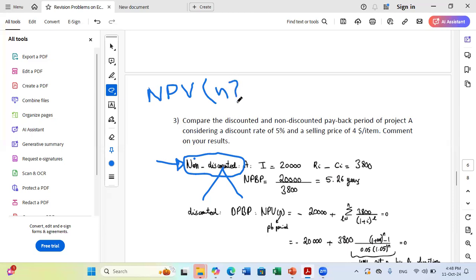Okay, your unknown is the number of years. You don't need the discount rate for the non-discounted payback period. You need it for the discounted payback period.